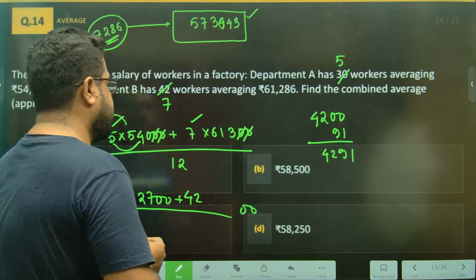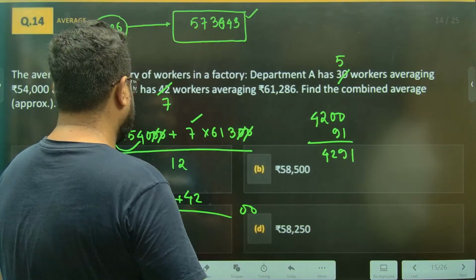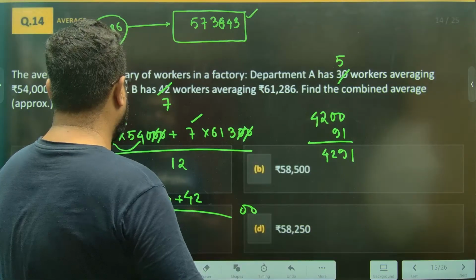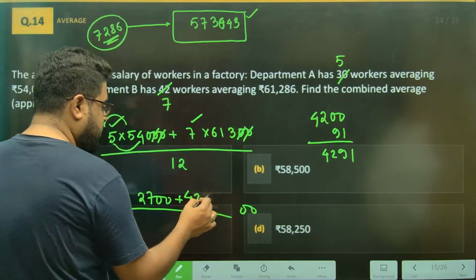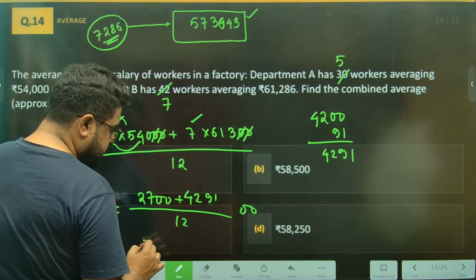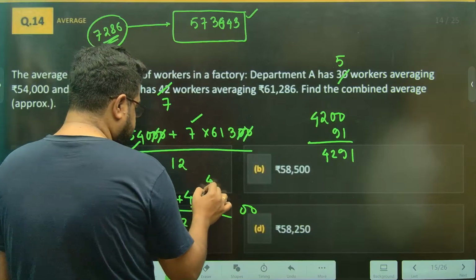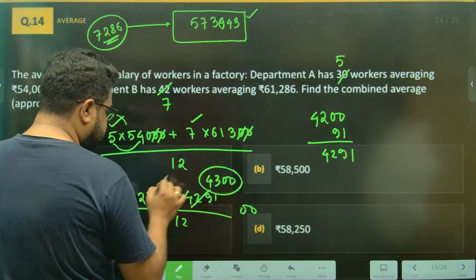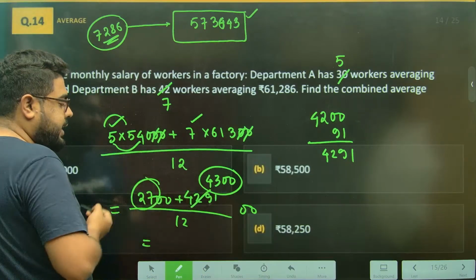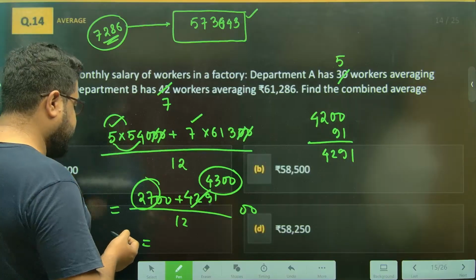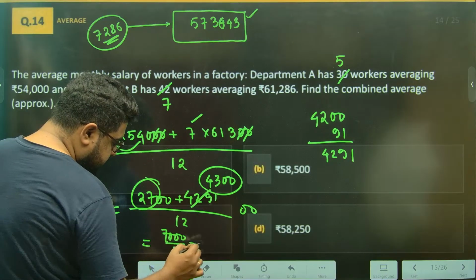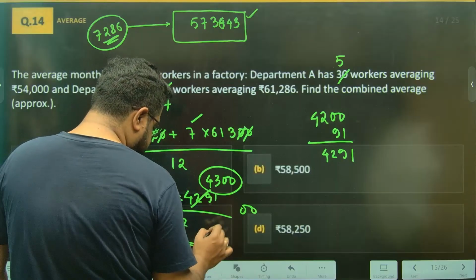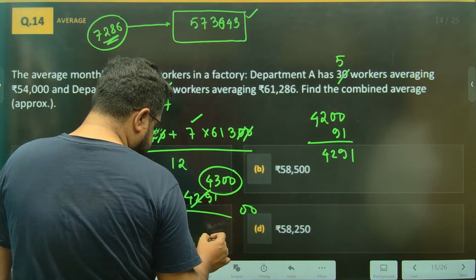One second. Yes, 4291. Okay, fine. So this is almost 4,300. 4,300 and 2,700. 43 and 27 is how much? 40 and 30. 77,000 by 12. 5 12s are 60.